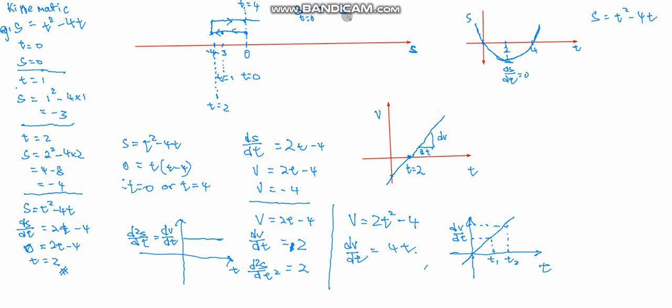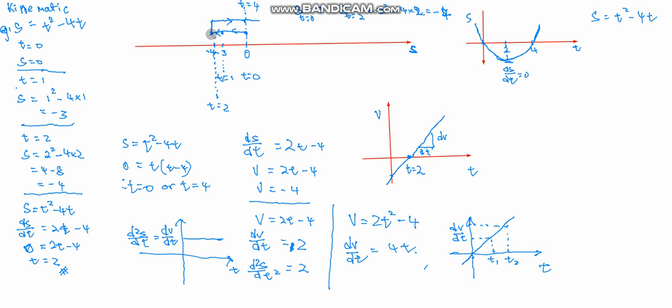At t equal to 2, s equals 2 square minus 4 times 2, which gives you minus 4.